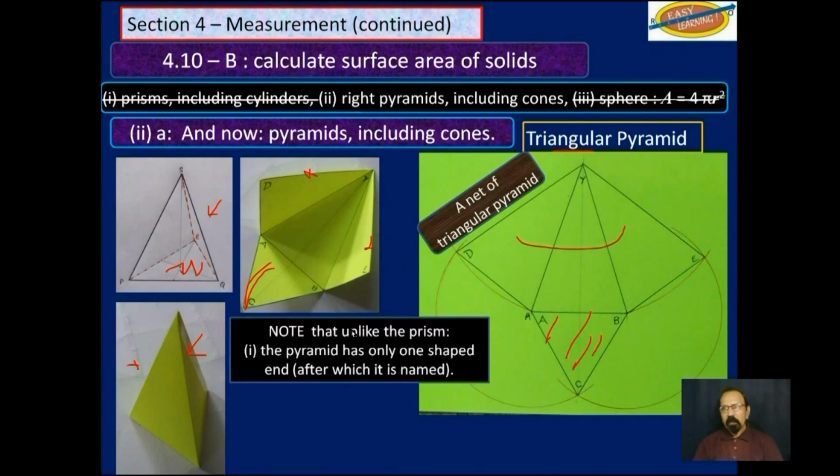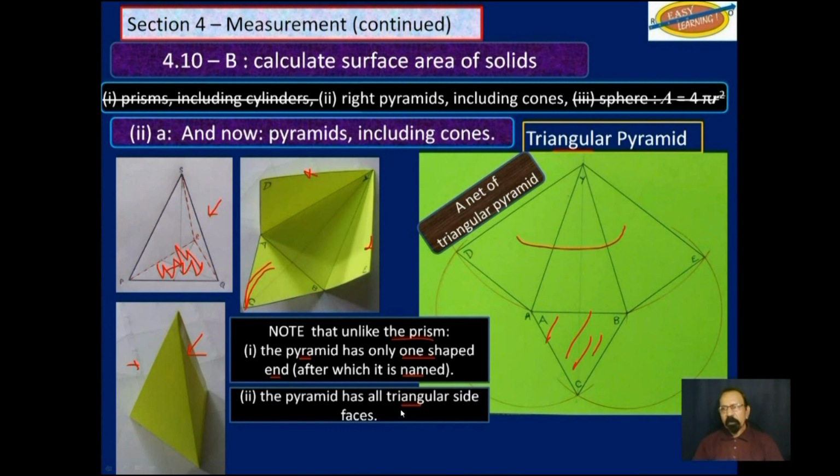Now, unlike the prism, the pyramid has only one shaped end, after which it is named. So if you have a triangle below here, it is called a triangular pyramid. If you have a rectangle there, it's a rectangular pyramid, and so on. Secondly, the pyramid has all triangular faces, unlike the prisms where the faces were rectangles.